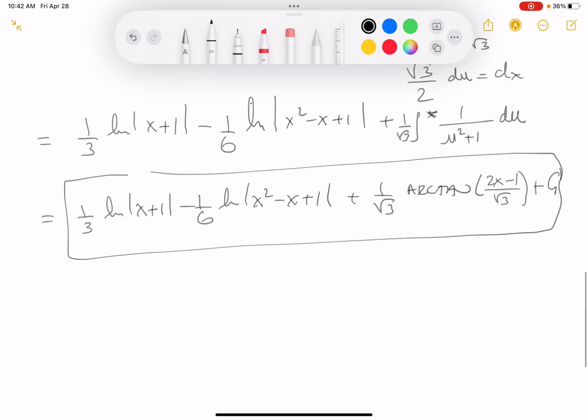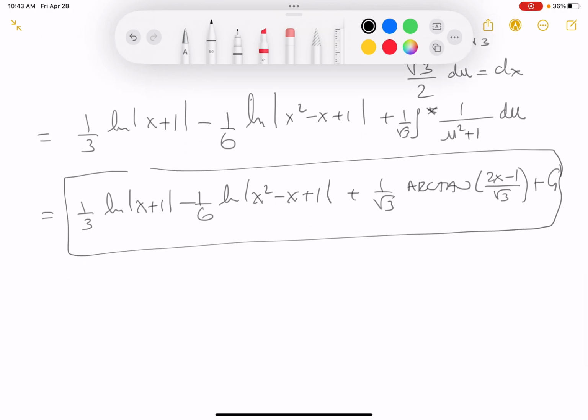And of course, when I say I'm done with it, I realize some of your teachers want you to simplify things. There's really not much I can do about that, but I guess I could pull the logs together. And if you did that, the common denominator would be 6, and you would get 2 natural log absolute value x plus 1, minus the natural log of, you know what? I'm still going to use the absolute value symbol on that.